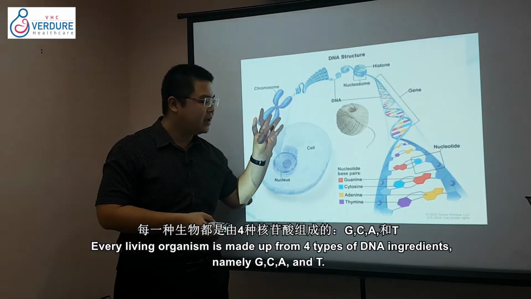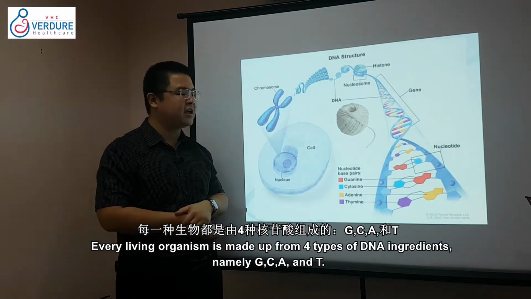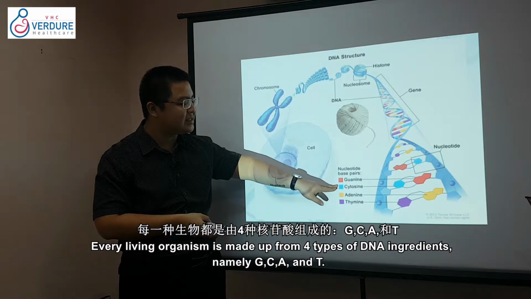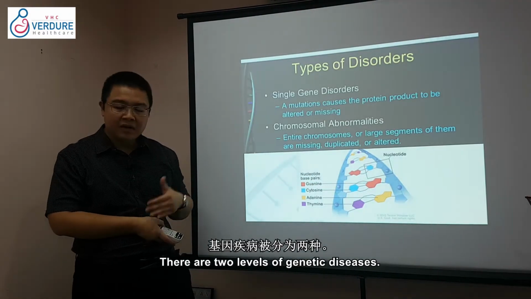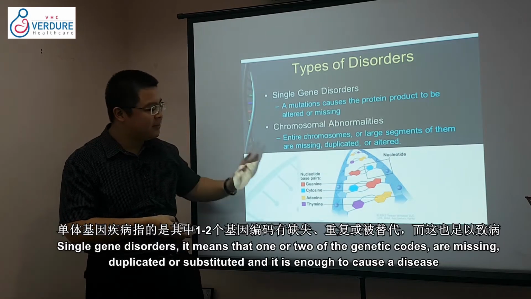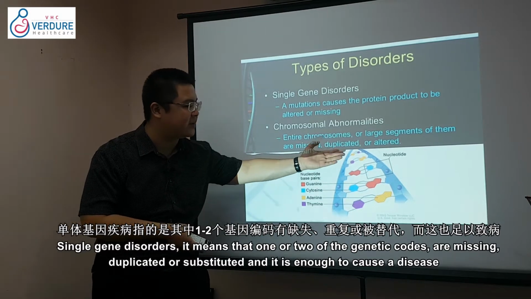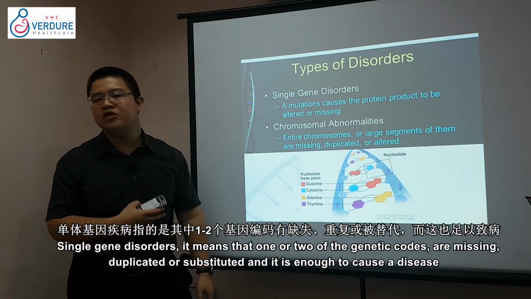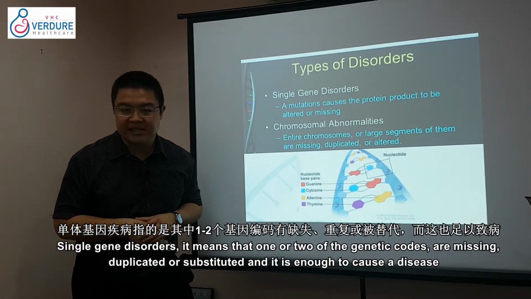Every life form is made out of 4 genetic ingredients, namely G, C, A, and T. There are 2 levels of genetic diseases. Single gene disorder means that one or 2 of these genetic codes were missing, duplicated, or substituted, and that is enough to cause the disease.